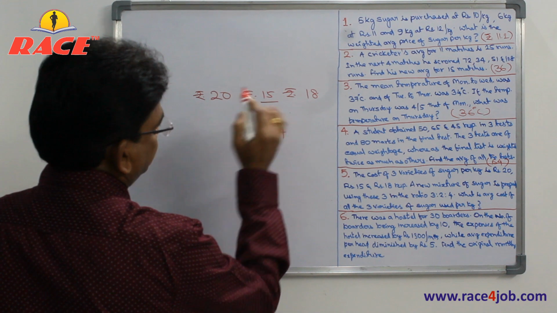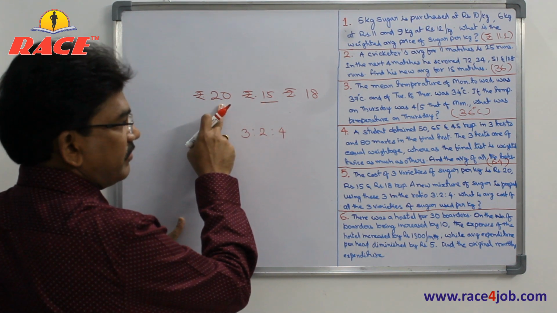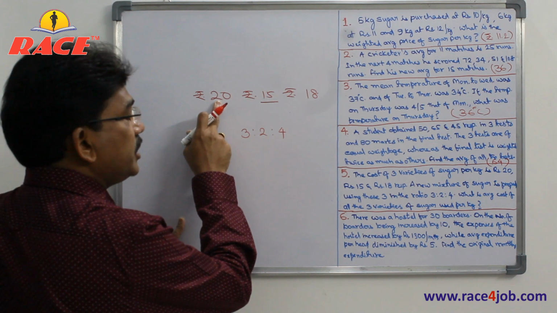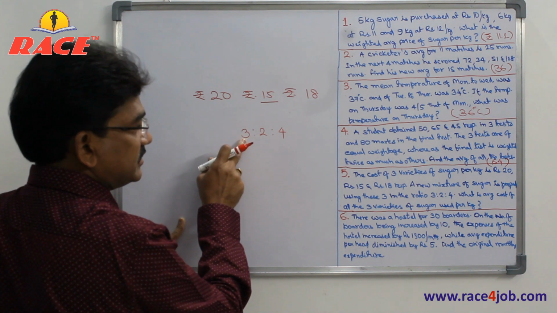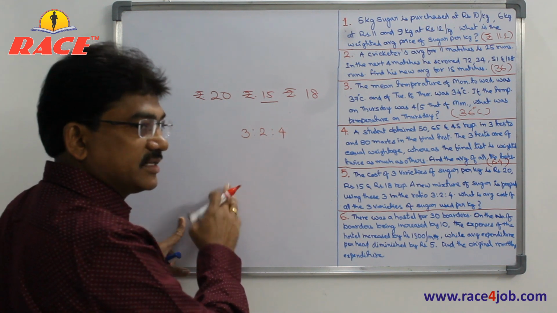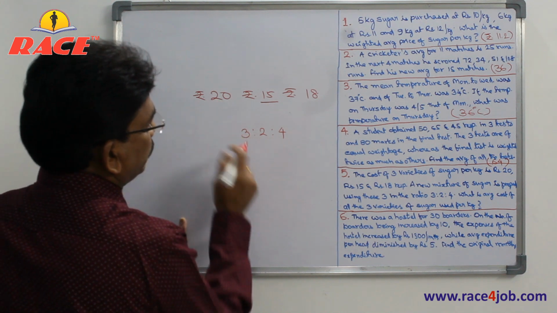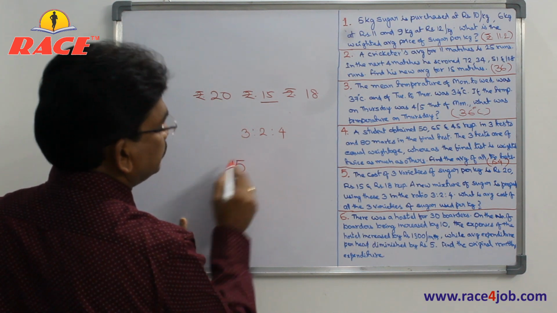Okay, fine. But this one is 5 rupees more than the assumed average. Each kg is 5 more. Let us say we are taking 3 kgs, 2 kgs and 4 kgs. 3 kgs means 3 into 5, 15 rupees more.